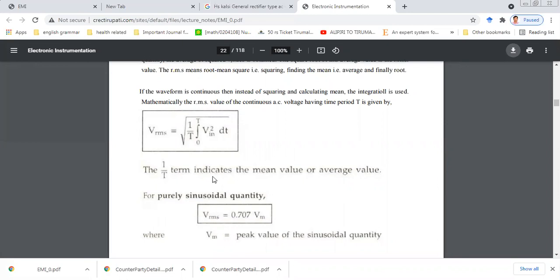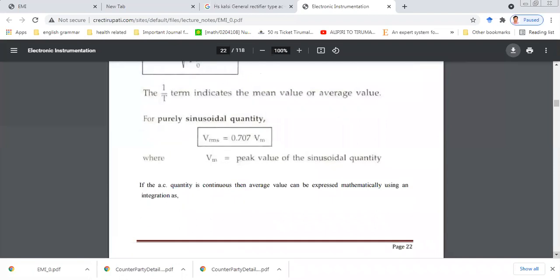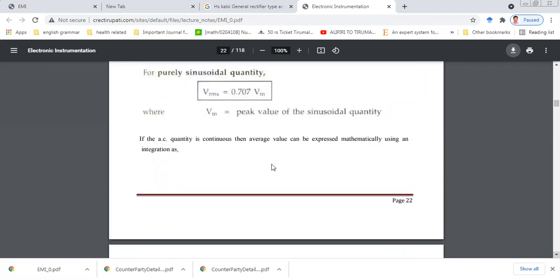For a pure sinusoidal quantity we have Vrms equals 0.707 Vm, where Vm is the peak value of the sinusoidal quantity.